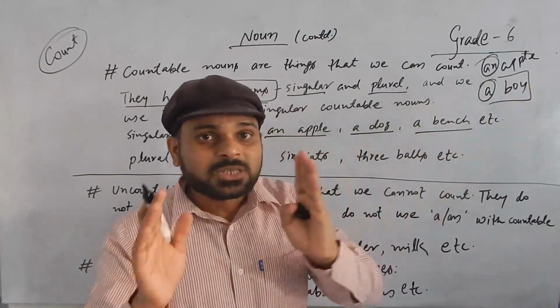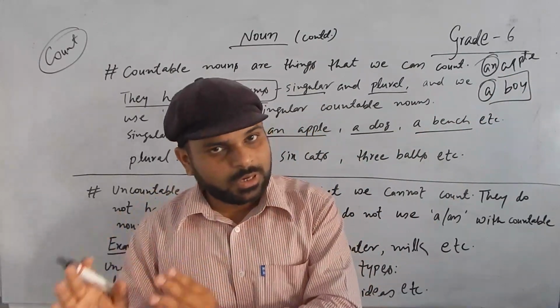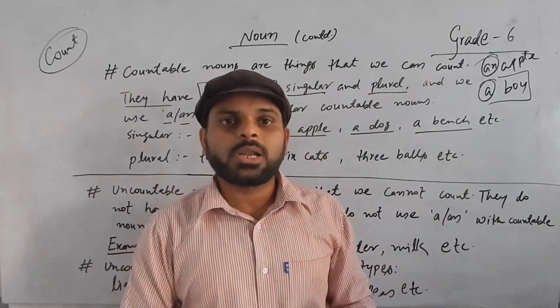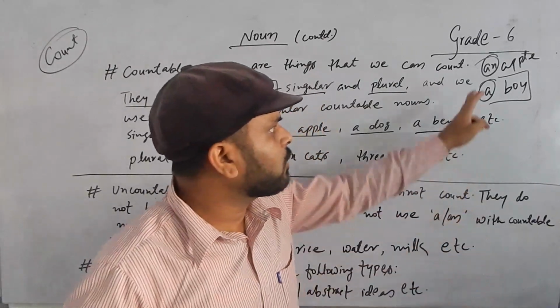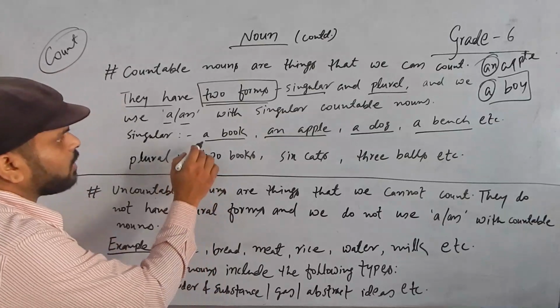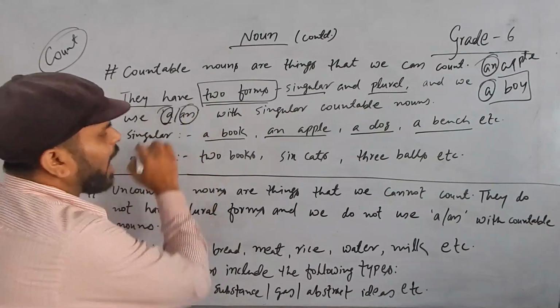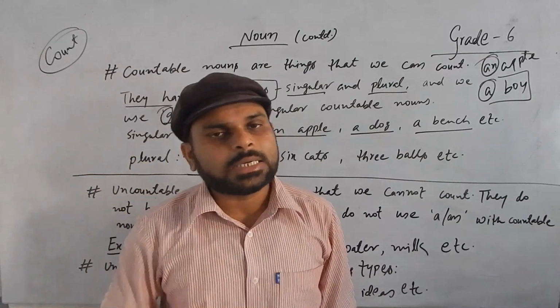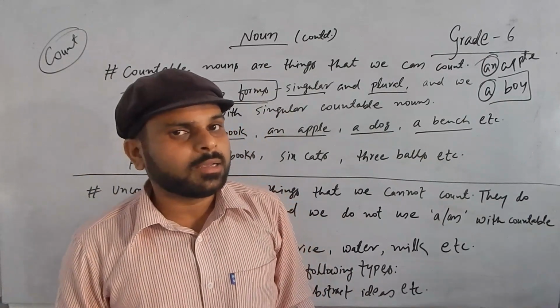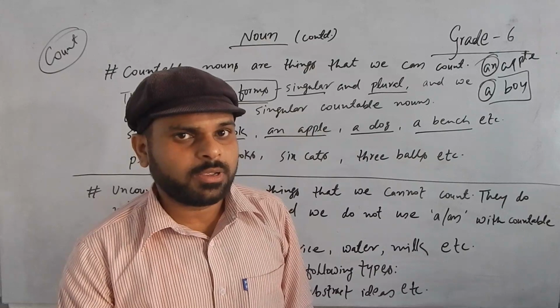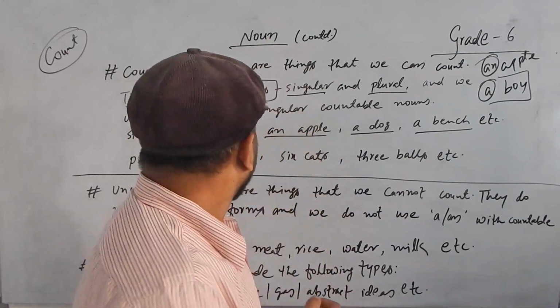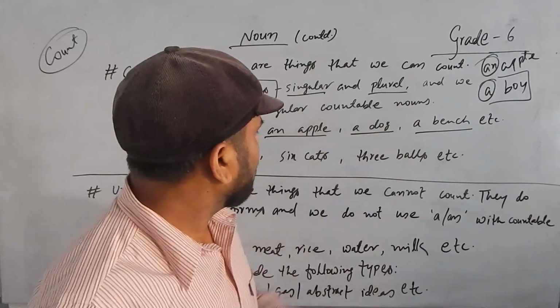So we are just talking about singular countable noun and plural countable noun. The definition says that a singular countable noun takes a or an.